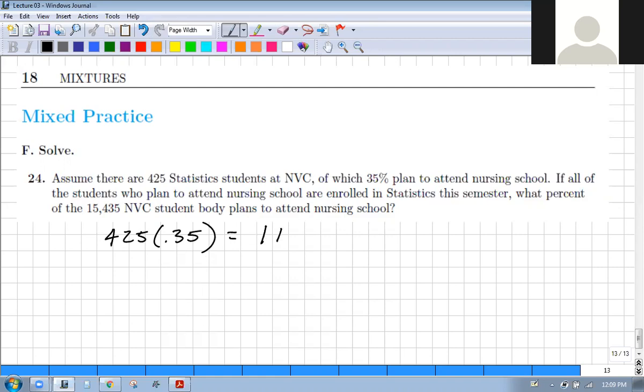That gives us 148.75 nursing students. They want to know what percent of the total population plans to attend nursing school.